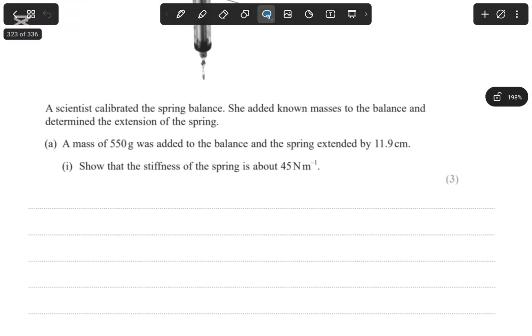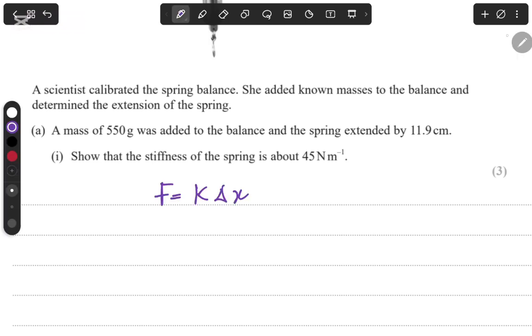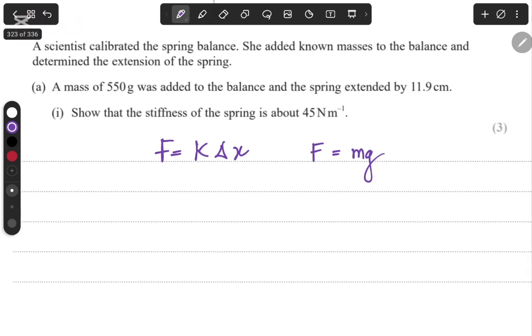So in the first part, they're asking you to show the stiffness of the spring to be about 45 Newton per meter. So we know Hooke's law, F equals k change in x, and we know that the force here is going to be equal to the weight, mg. So we can say mg equals k change in x, and then mg divided by change in x equals k.